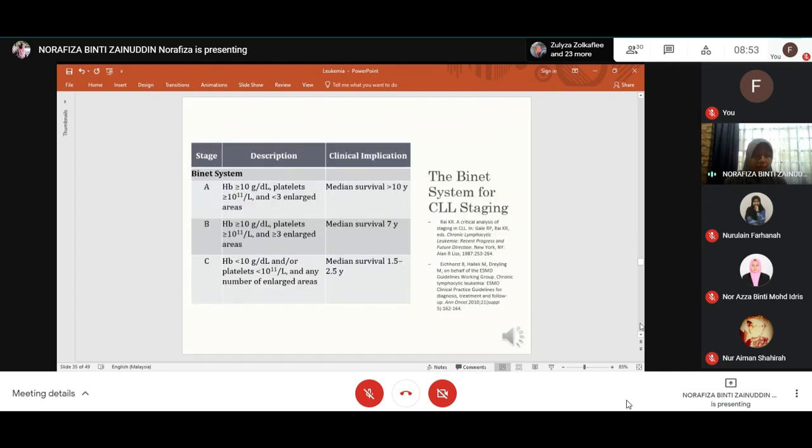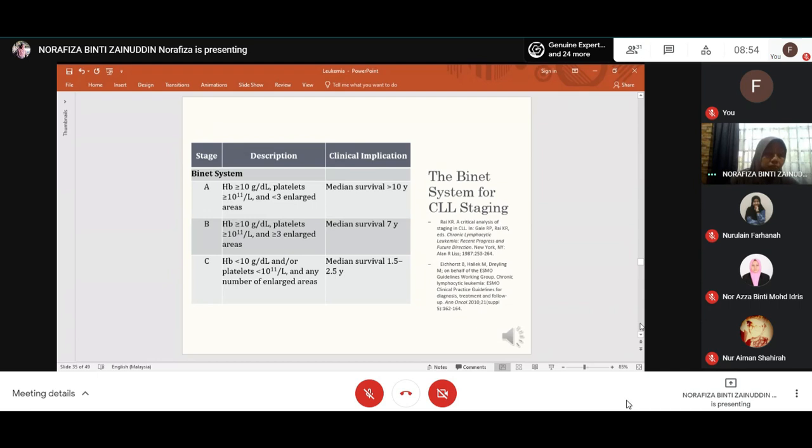For the Binet system, it has Binet A, B, C. Binet A is pretty much like Rai stage 0 just now; the median survival is more than 10 years. Binet stage C is much like Rai stage 3 just now; the median survival is 1.5 to 2.5 years.